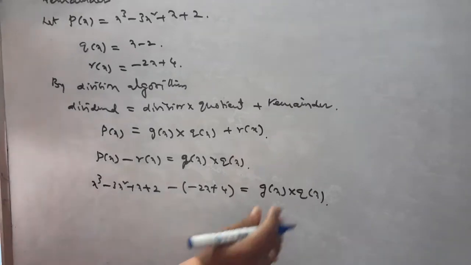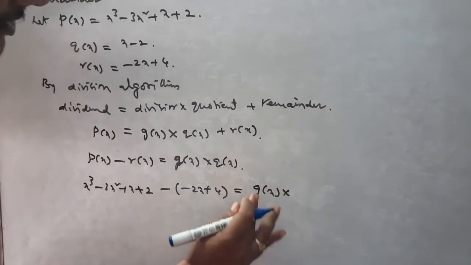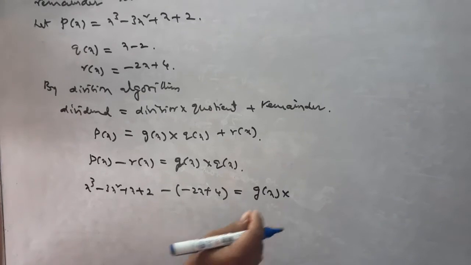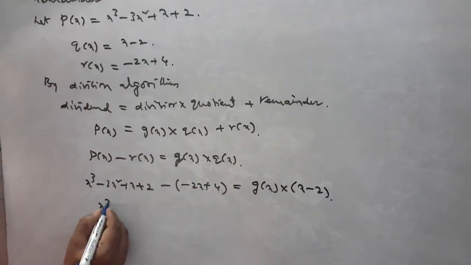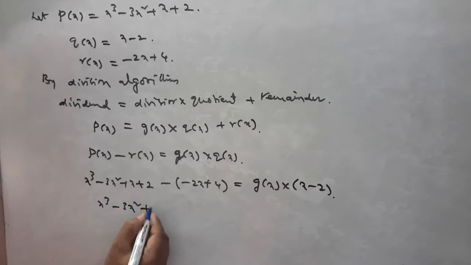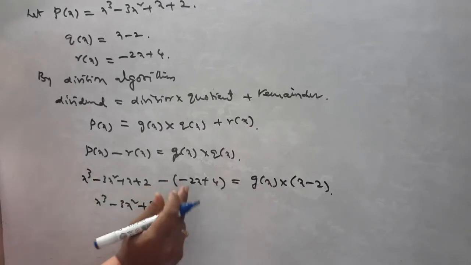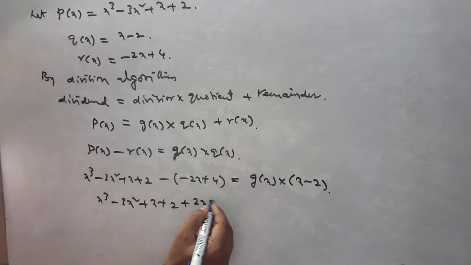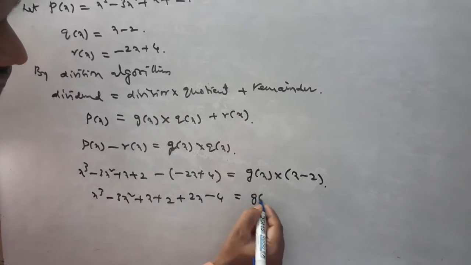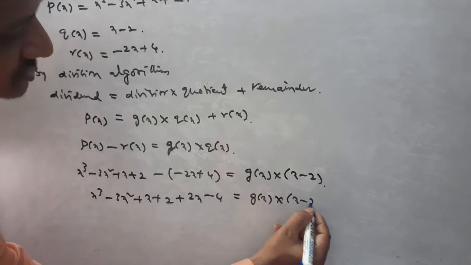Here q of x is x minus 2. So x cube minus 3x square plus x plus 2, plus 2x, minus 4, is equal to g of x into x minus 2.